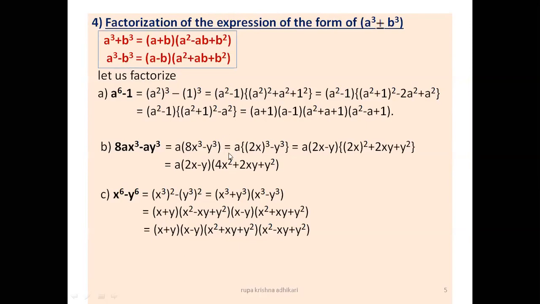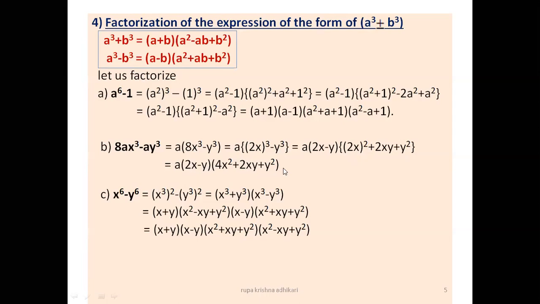That is equal to a inside curly bracket 2x whole cube form minus y cube, which is equal to a into a cube minus b cube form, a minus b into a square plus ab plus b square, which is equal to a into 2x minus y, 4x square plus 2xy plus y square.